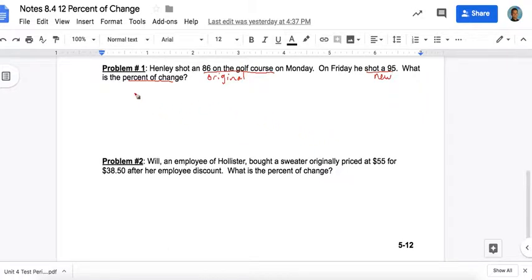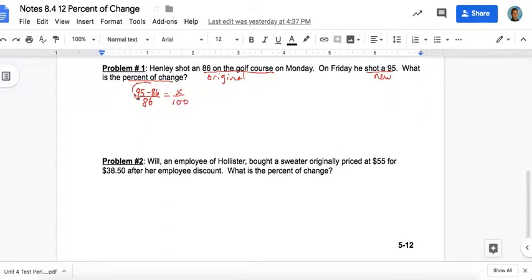So remember, we're going to do new minus original, so we're going to do 95 minus 86 divided by 86 equals percent over 100.